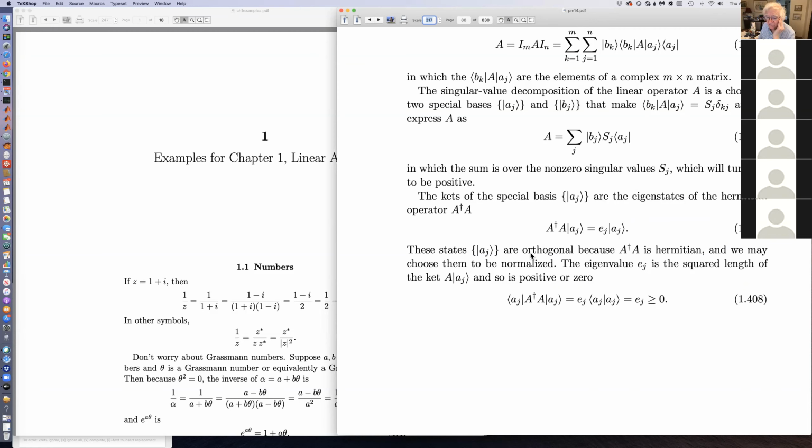These are orthogonal because A dagger A is Hermitian. We normalize them, and then the eigenvalue Ej is the squared length of the vector A Aj, and so is positive or zero.